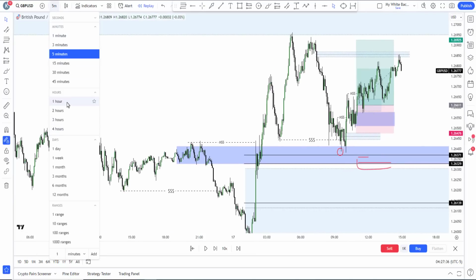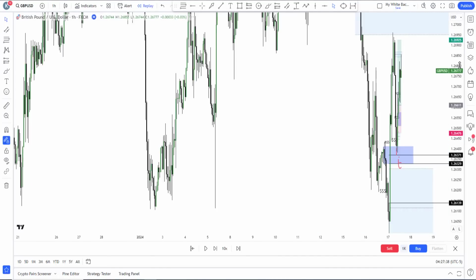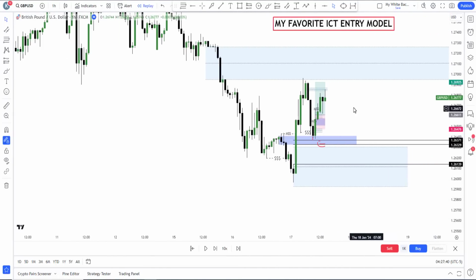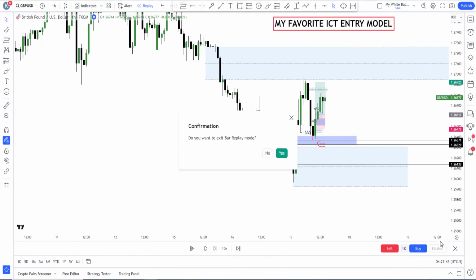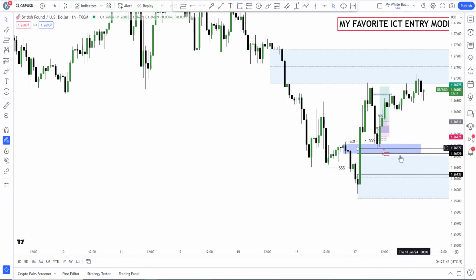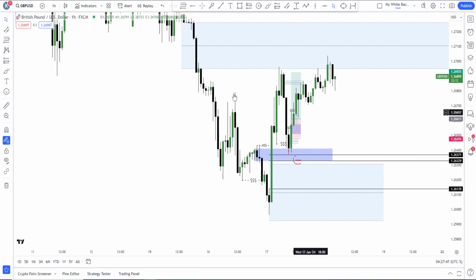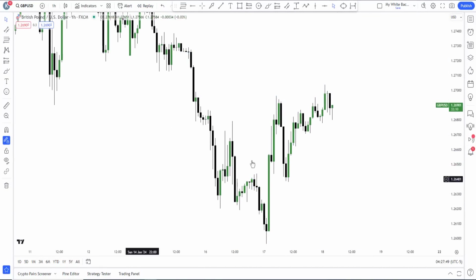All right, so for those of you who want to take the trade today, I think for me, price has already reached the fair value gap, the 4-hour time frame fair value gap. Let me see if there is an entry in that area.